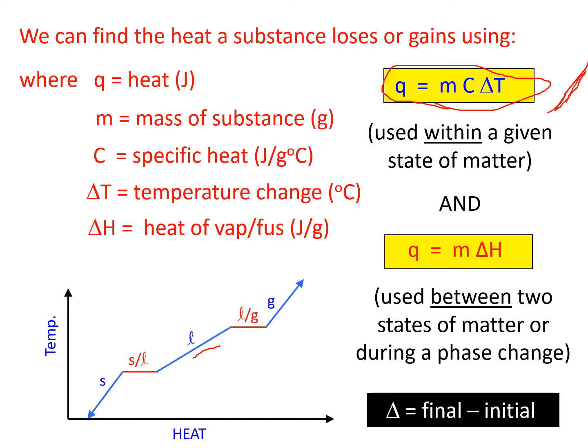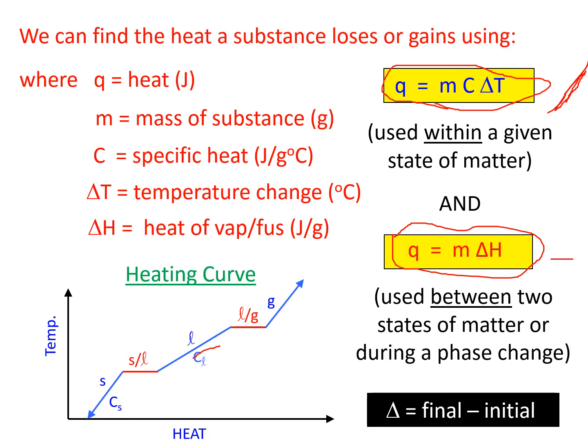But this formula is going to be used on the horizontal lines, because all you need is the delta H and the mass. The specific heat that you have to use on the slanted lines is specific to that phase.